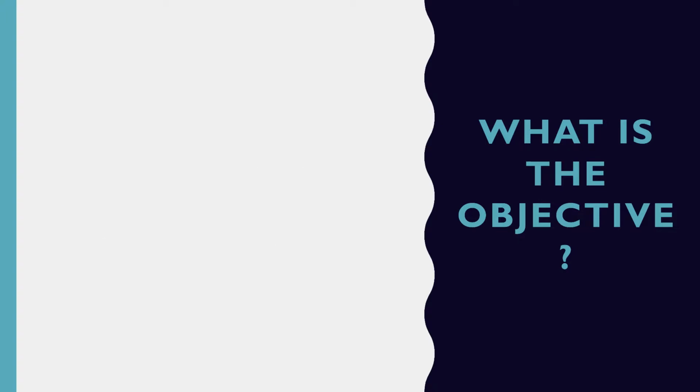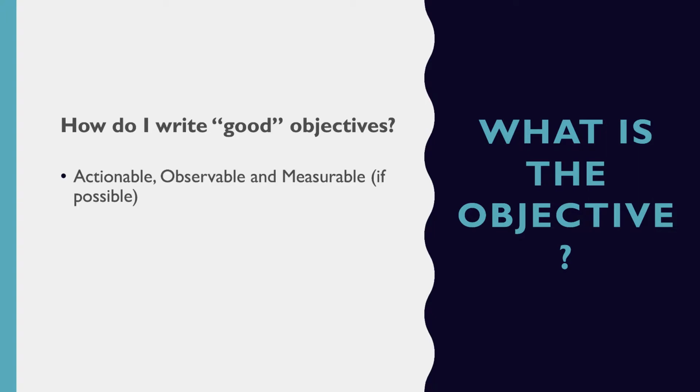Let's look at what makes a good objective. There are a few guidelines you should follow when writing learning objectives. A well-written objective should be actionable, observable, and if at all possible, measurable. We should be careful not to create too many or create redundancies.